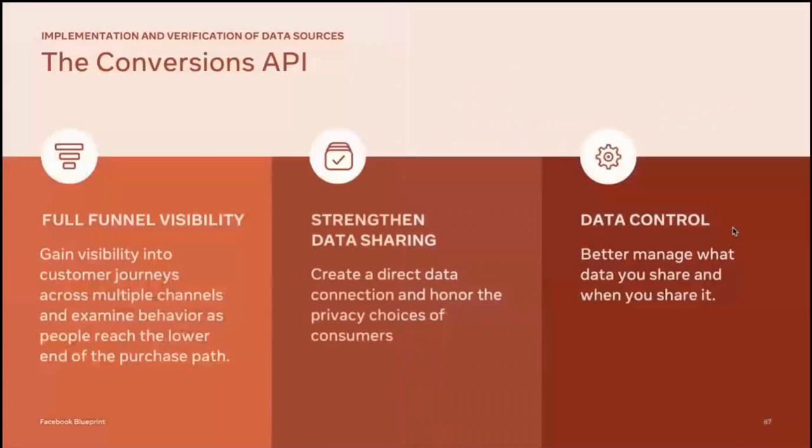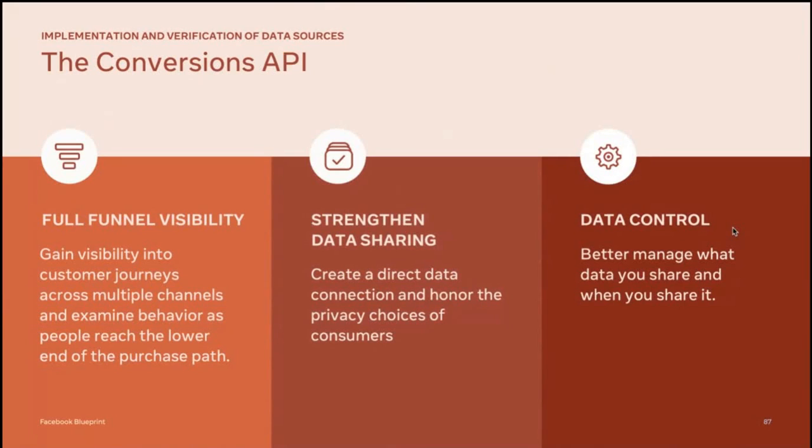Now, why Conversion API? Conversion API can support your marketing in three ways. First, it gives you full funnel visibility, which means you can gain visibility into customers' journey across multiple channels, and you can examine behaviors as people reach the lower end of your purchase funnel. Second, it strengthens data sharing.